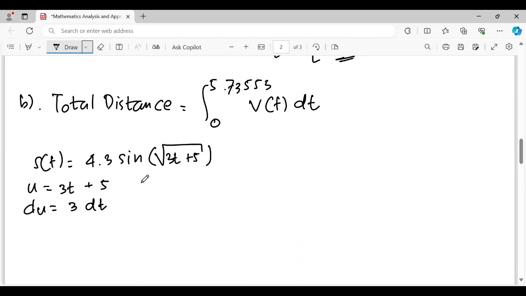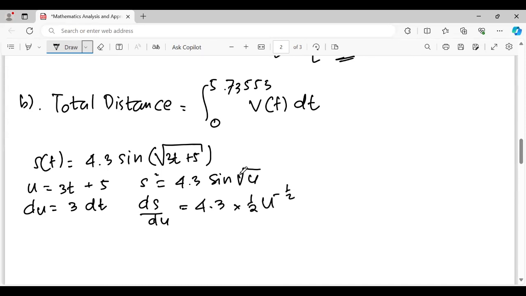And if s(t) equals 4.3 sine square root of u, then ds/du equals 4.3 times half u to the power minus half, because this is u to the power half, times cosine square root of u.